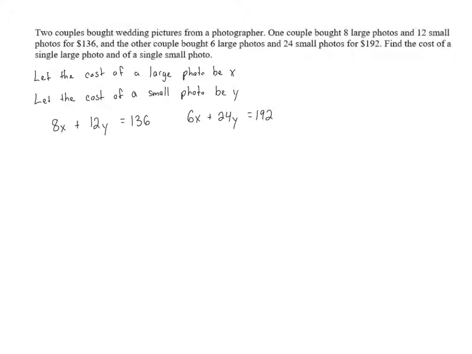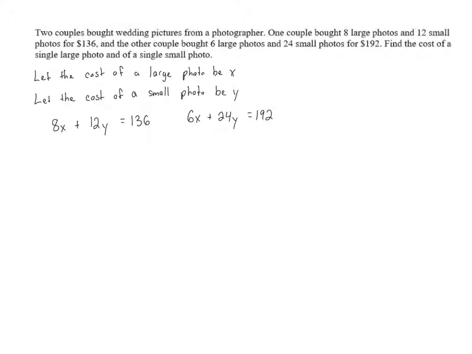So instead of using substitution, we're going to use elimination here. The easiest variable to eliminate is going to be y, because we've got 12y in the first one and 24y in the second one, and 24 is a multiple of 12.